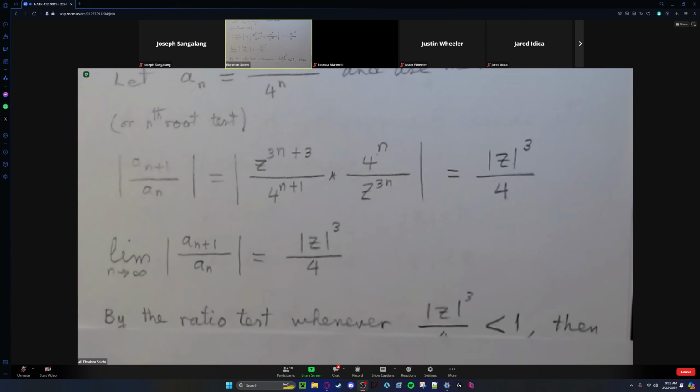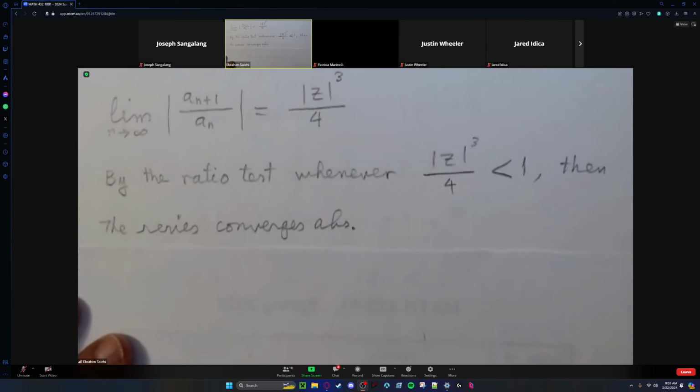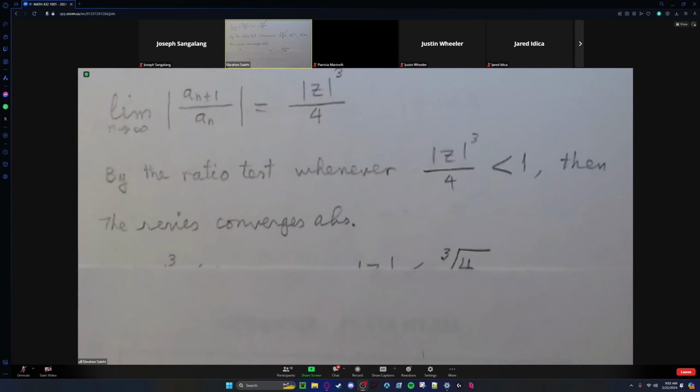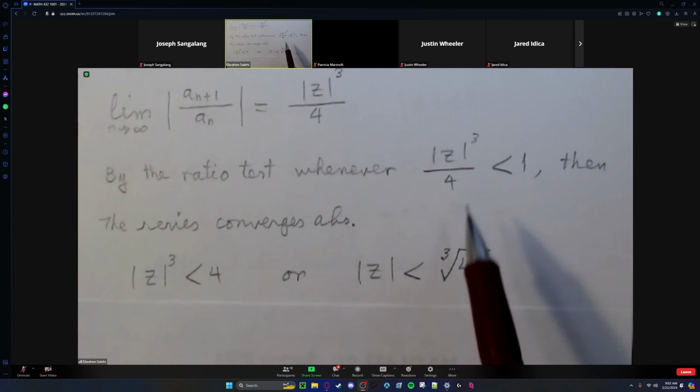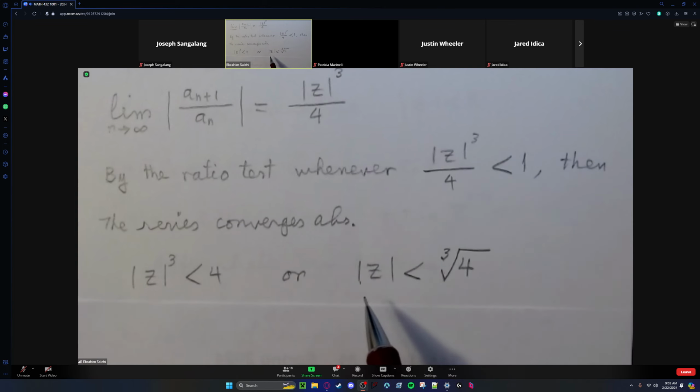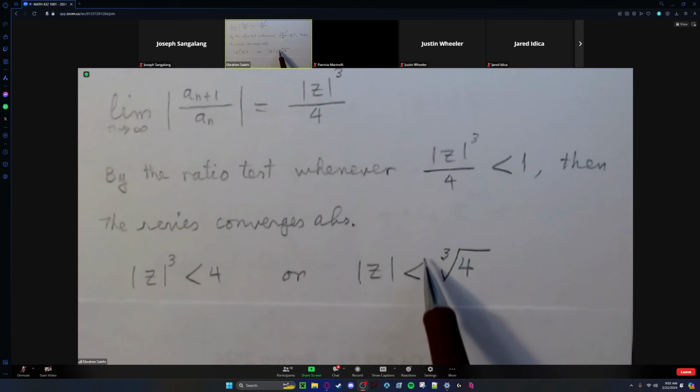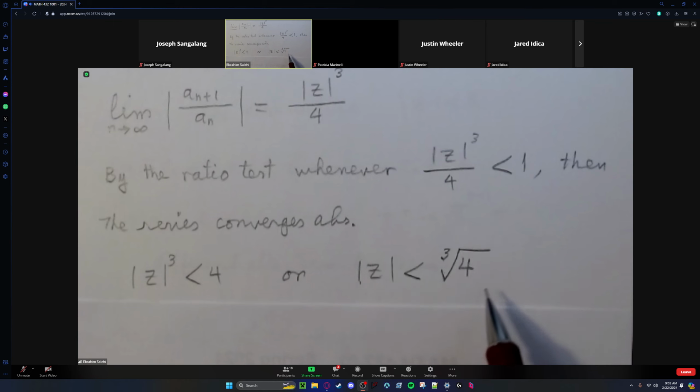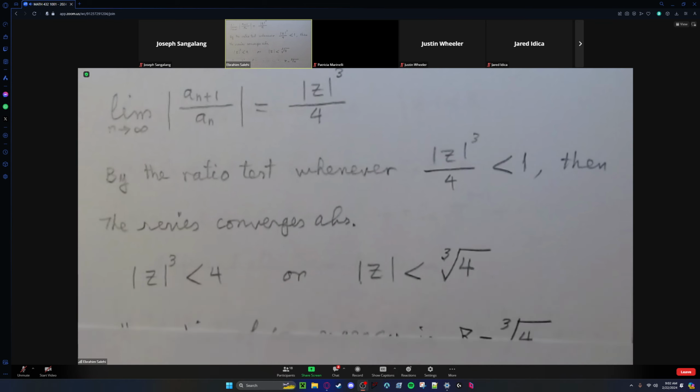So this has got to be less than 1, which means z cubed is less than 4 multiplied by 4. So z has to be less than third root of 4. And this is the radius of convergence, okay? That is the radius of convergence.